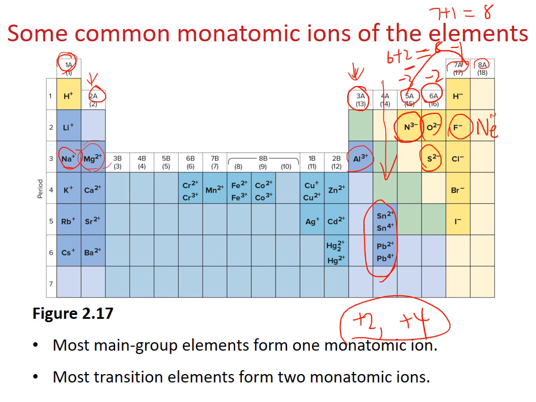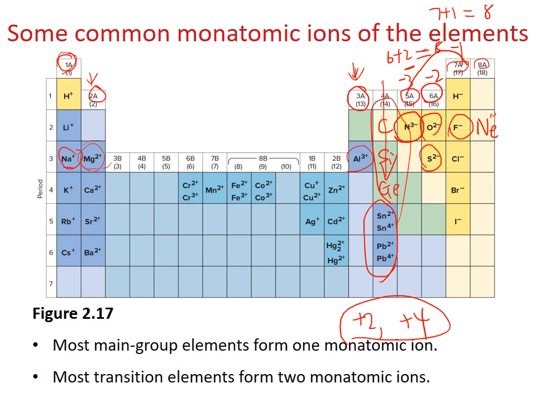So both tin and lead have 2 possible charges. Now what about carbon, silicon, germanium? Those form covalent bonds, and so they don't lose or gain electrons. All right, so we are not covering that here, but there's a chapter about organic chemistry based on carbon.